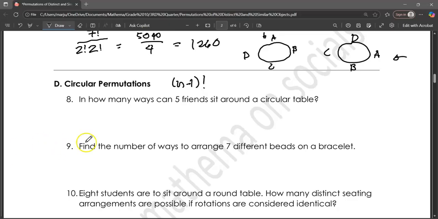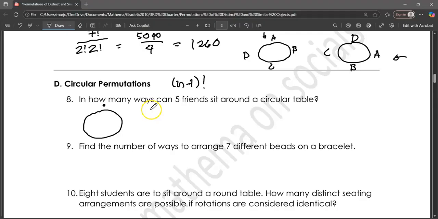Number 8. In how many ways can 5 friends sit around a circular table? So again, when you have your circular table, you always fix a certain individual or an element. So for example, this is your fixed person. The 4 remaining individuals can freely move around the table. So how many ways can we arrange 4 people around the table?